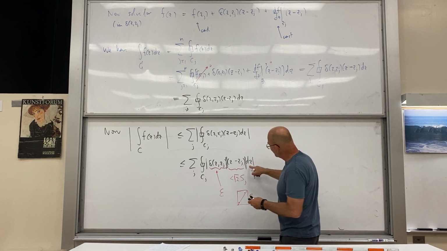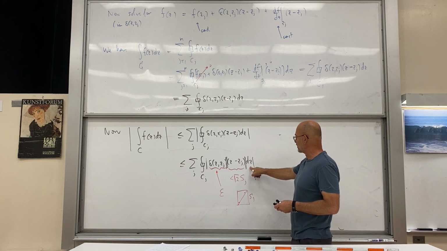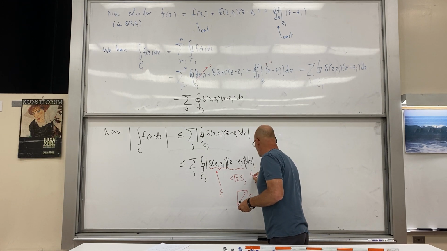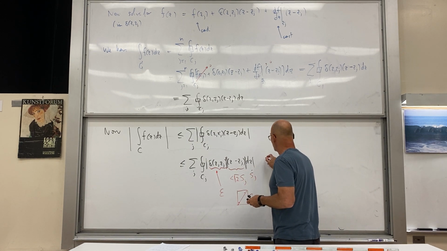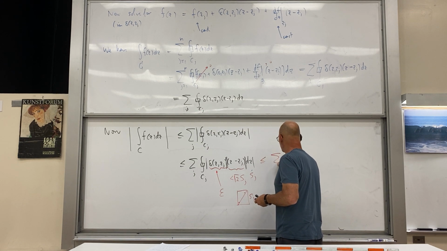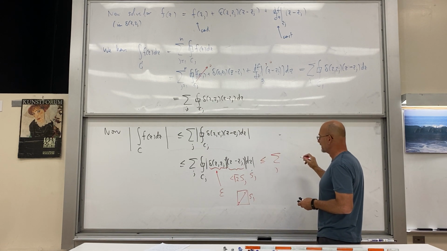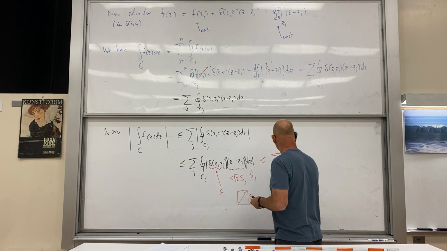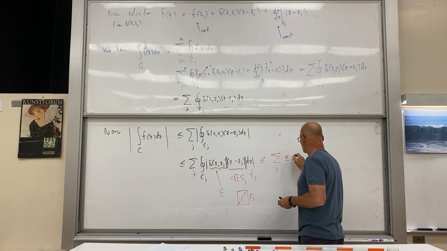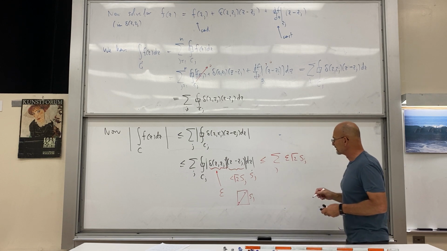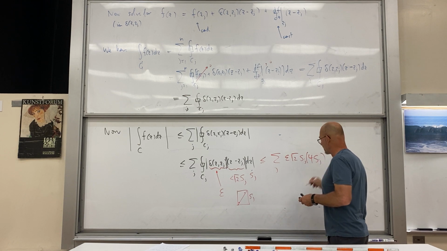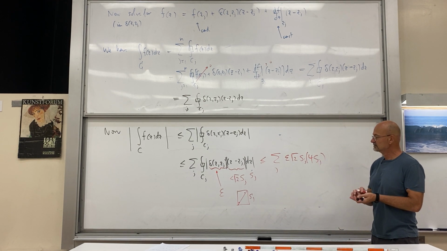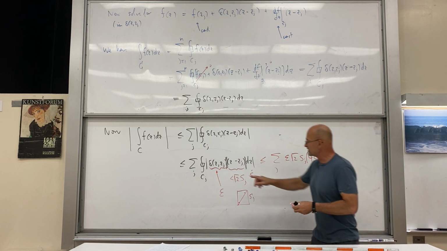And this dz is now just along the side of the box, s sub j. And you go around the box, you've essentially got 4 of those. So we've got less than or equal to the sum over j of epsilon, root 2, side of the box j, and then we've got 4 sides of a box. So that's the estimate for each of these things here.